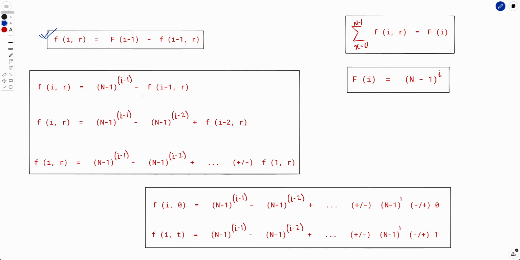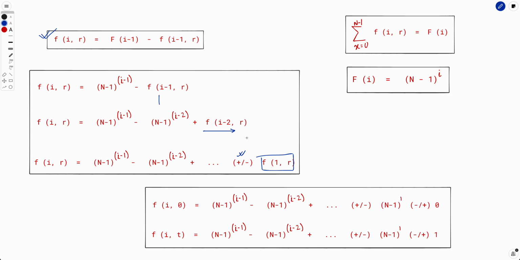Now if you simply expand this further, what will you get? You will get a very similar thing. You will get n minus 1 power i minus 2 minus f of i minus 2 comma r. So you will simply have this formula, and if you continue expanding this further, at the end you will be getting f of 1 comma r with either plus or minus. This depends on how many expressions you have.